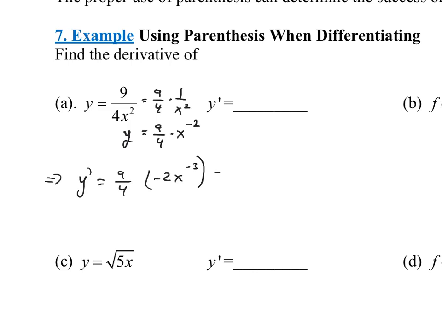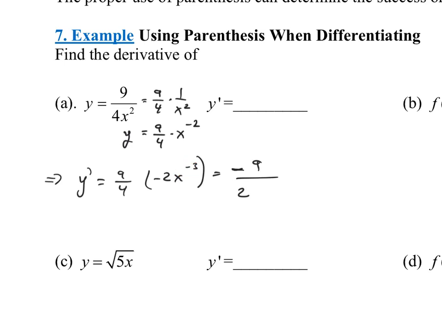I'm going to do some simplification here. What is 9/4 times negative 2? If you need to use your calculator, please do. That would be a negative 9/2. So if we have a negative 9/2, we have a negative 9 on top and a 2 on bottom. And then I want to look at this x to the negative 3. Notice the x is to a negative power, so I have to throw that into the denominator.